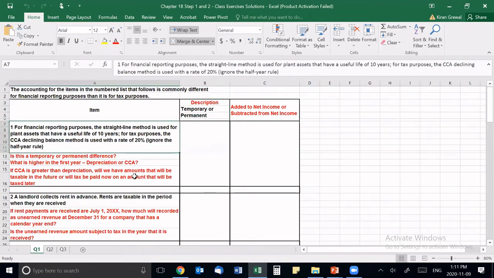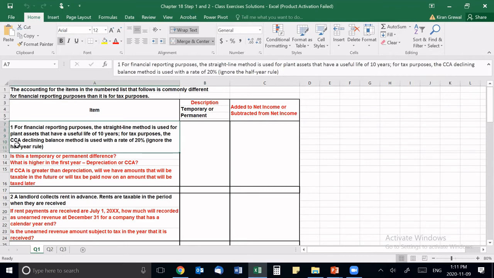Okay, so for the first one, for financial reporting purposes, the straight line method is used for plant assets that have a useful life of 10 years. And for tax purposes, the CCA declining balance method is used with a tax rate of 20%. Okay.